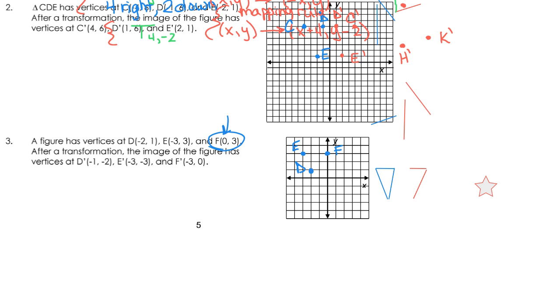And then we're going to go ahead and use our straight edge and connect them. Okay, and then we're going to look at our image. So D prime is at negative 1, negative 2. E prime is at negative 3, negative 3. And then F prime is at negative 3, 0.